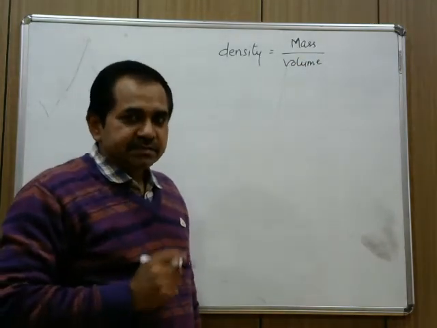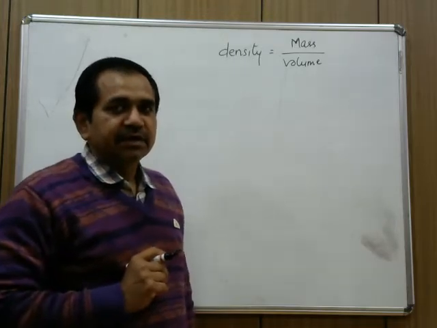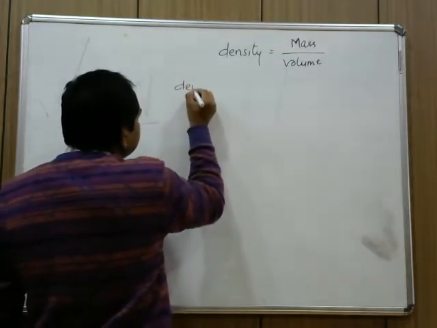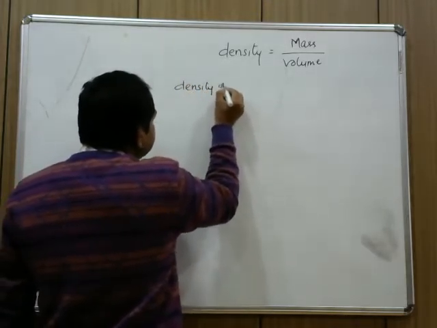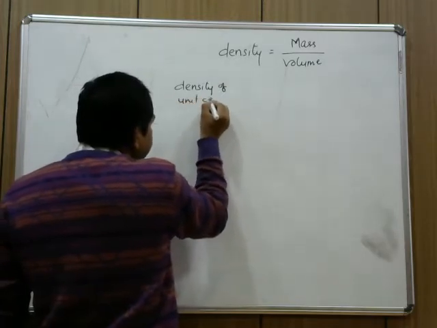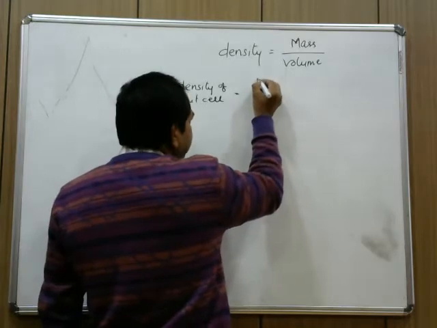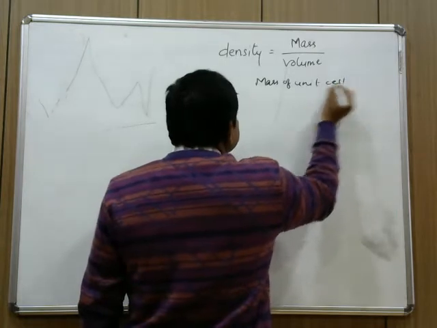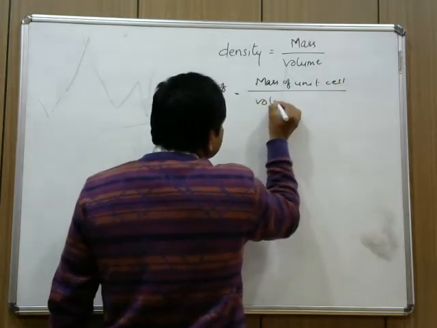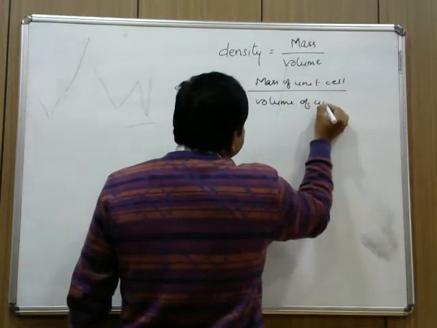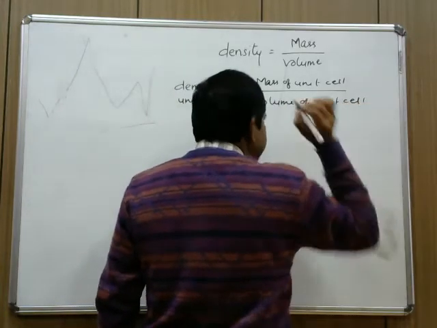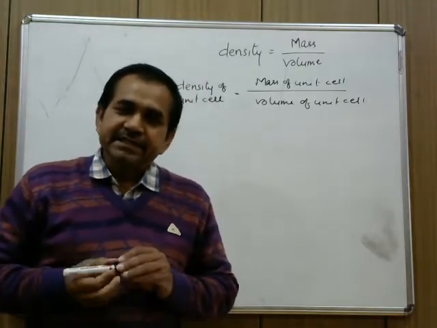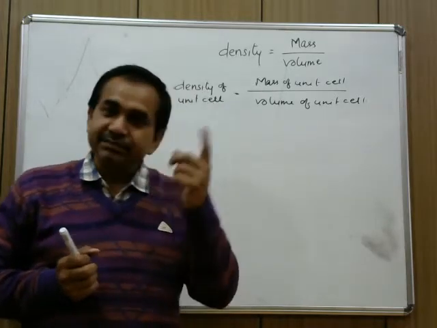And if we apply this formula for a unit cell, then this changes as density of unit cell is given by mass of unit cell upon volume of unit cell. And at this point we should remember the point that density of unit cell is always equal to the density of substance.